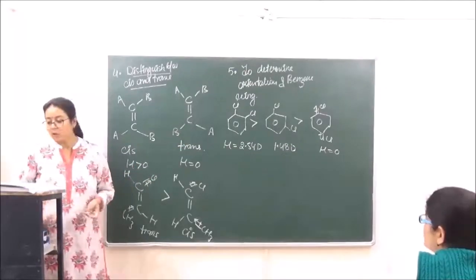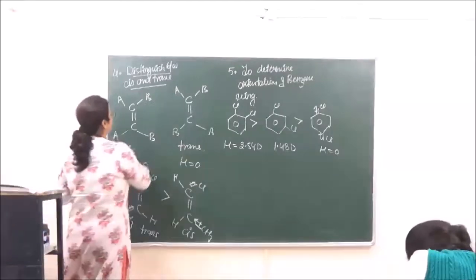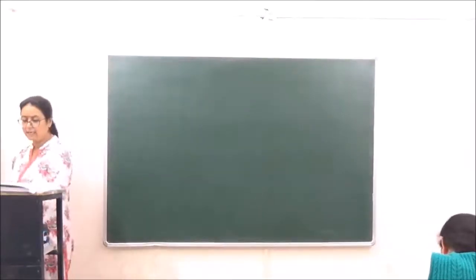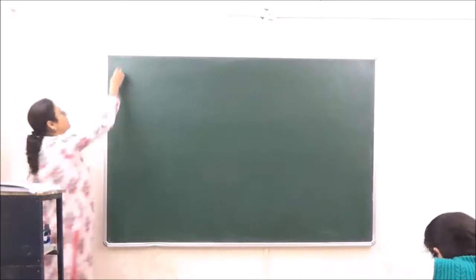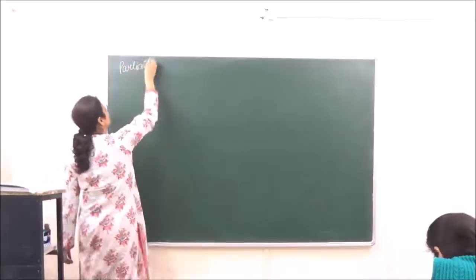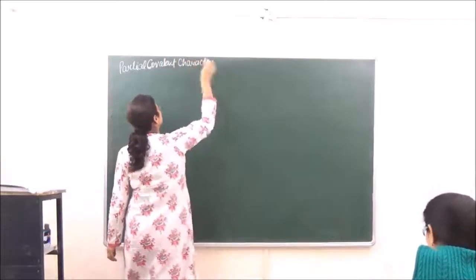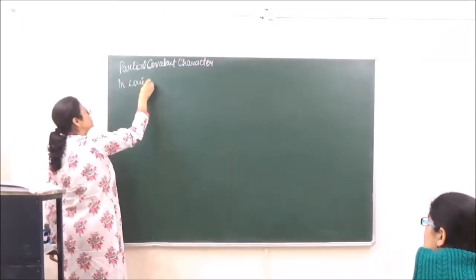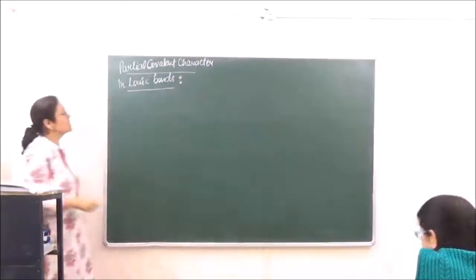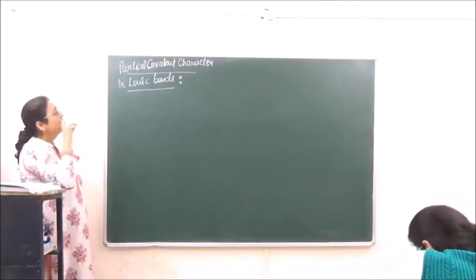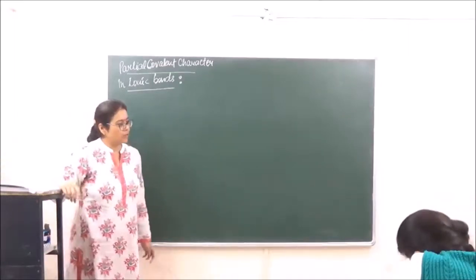Okay? Then the last topic which we are going to do is partial covalent character in ionic bonds. Now, as we just studied, all the covalent bonds have partial ionic character depending upon the value of dipole moment.